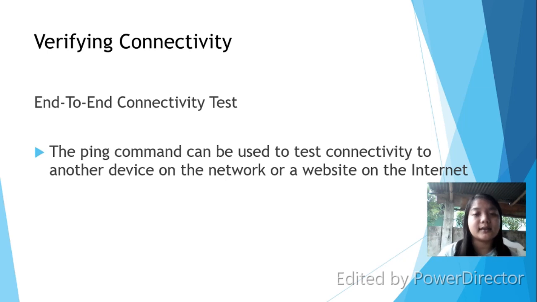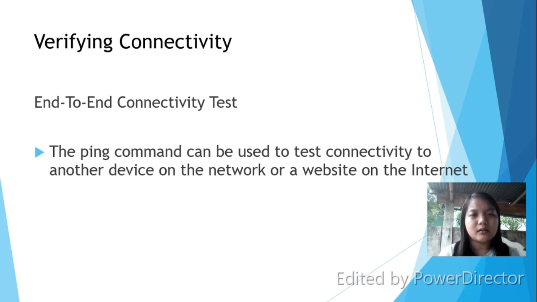So, for example, in your topology, you have two computers connected to different routers, just like you have PC 1, 2, 3, and 4. So you want to test the connectivity between PC 1 and PC 4.